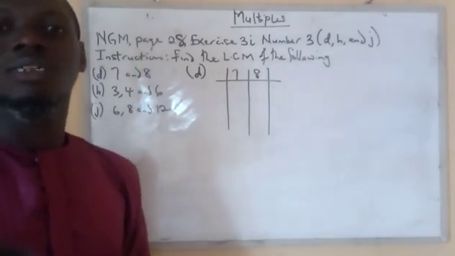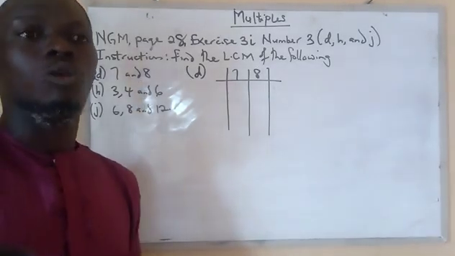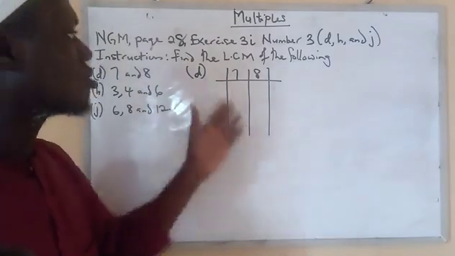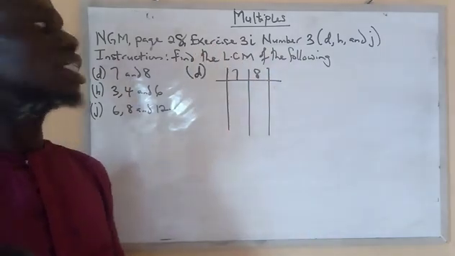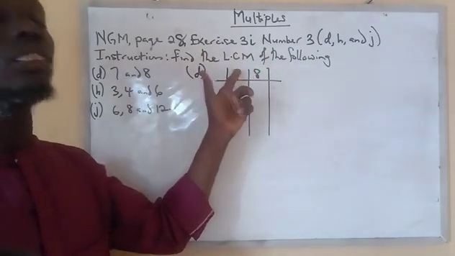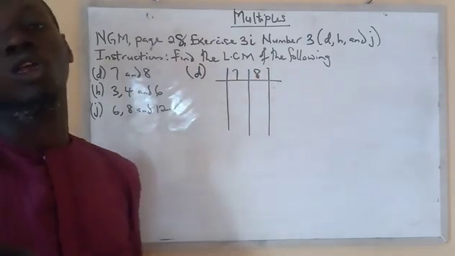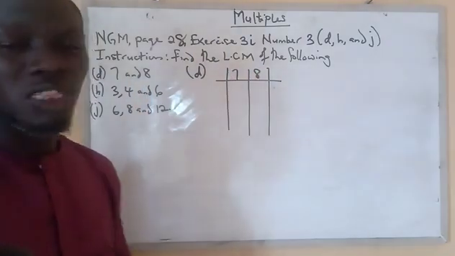But in this case, we will not stop there. We will consider a factor of at least one of the numbers under consideration.